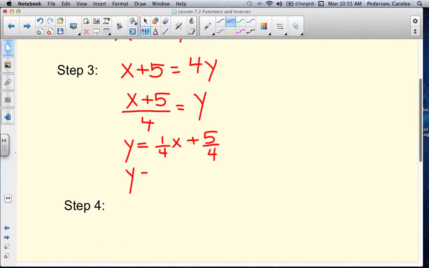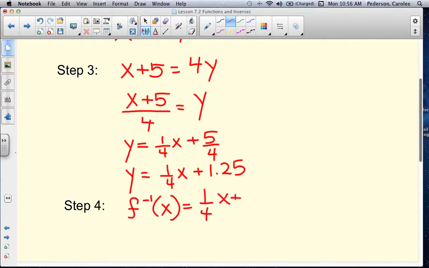And then 5/4 as a decimal is 1.25. Now the last step is to replace the y with f inverse notation. And now we can go ahead and graph this function below.